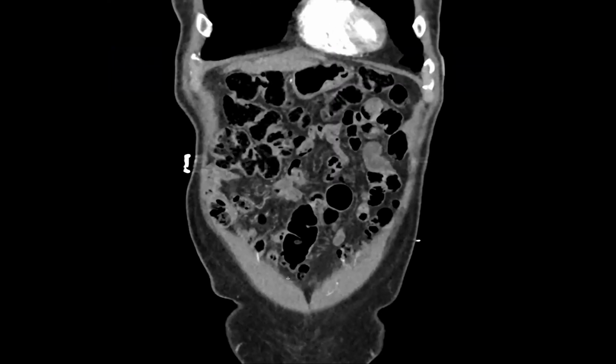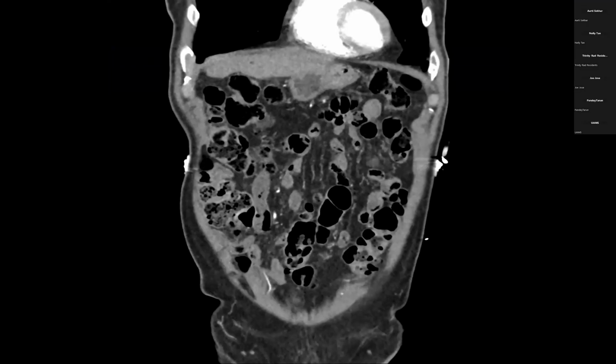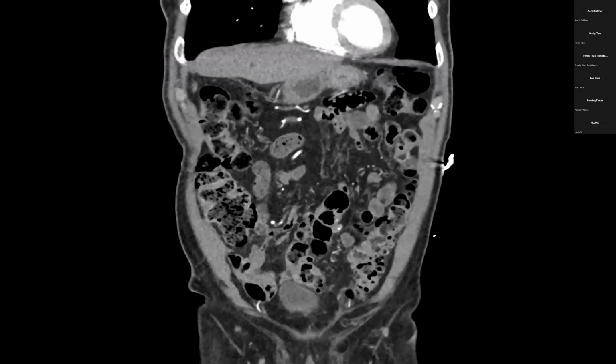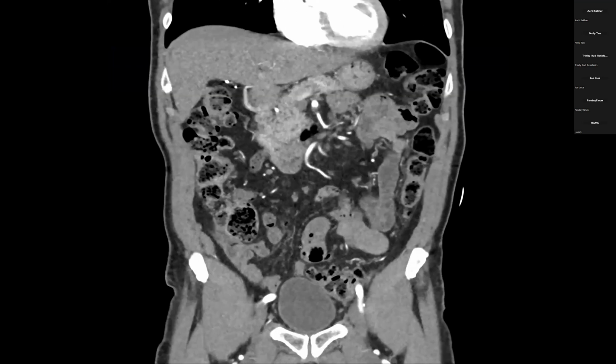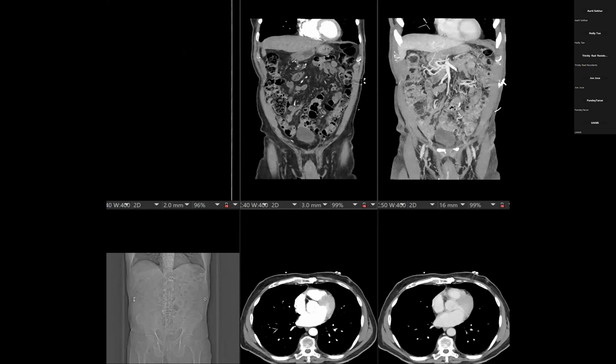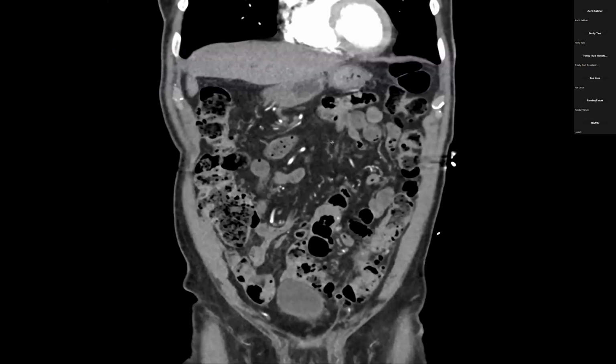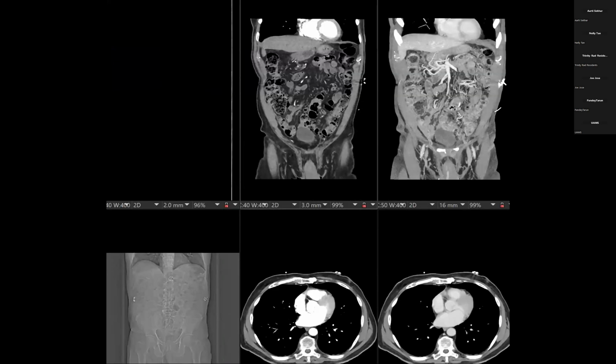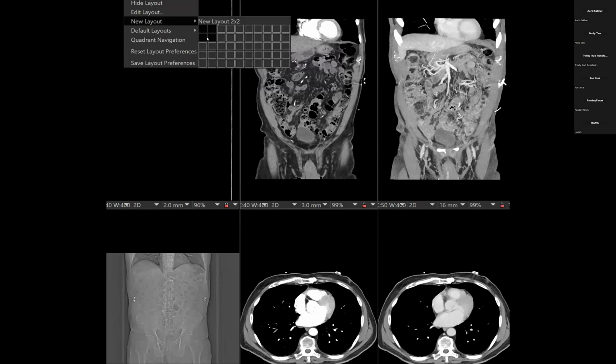This is a great case for the resident. A patient came in with GI bleed. So we did a GI bleed protocol. Here, maybe I could do side by side.